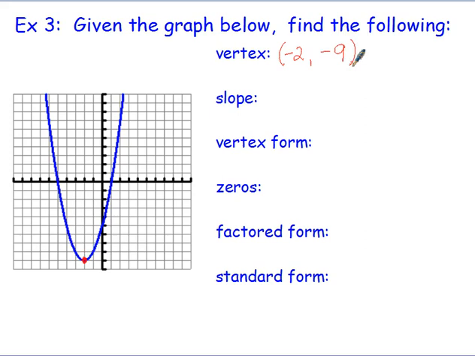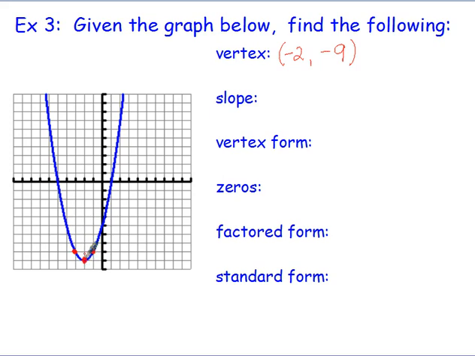Now the slope. Okay, this is the important part. The slope is how much you went up or down exactly 1 right and 1 left. So if I go 1 right and up to my graph, there's my dot. If I go 1 left and up to my graph, there's my dot. Well, how much up is that?